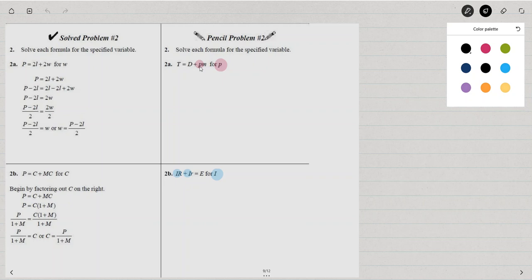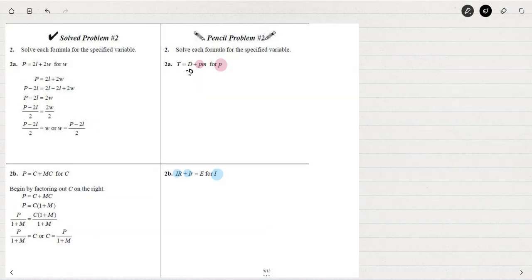And you see, if we wanted to isolate this P, we would subtract D first. So we would have T minus D equals PM.